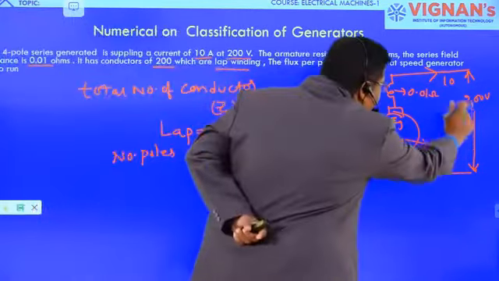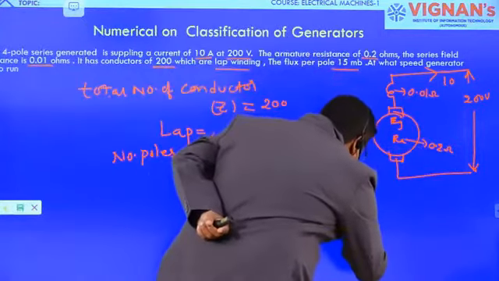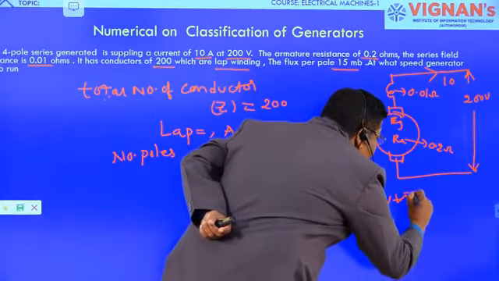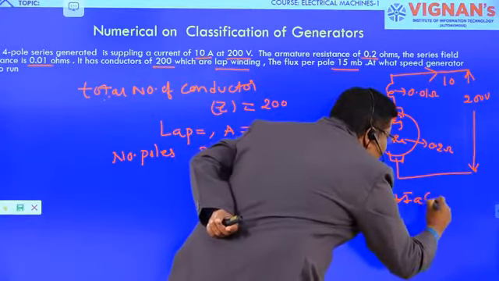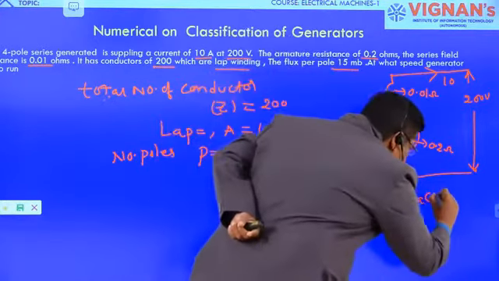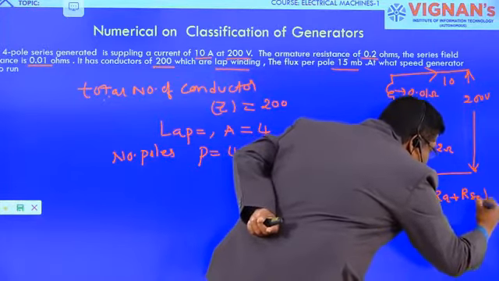Now apply KVL in this loop. We get the equation EG equals V plus IA into (RA plus RSE).